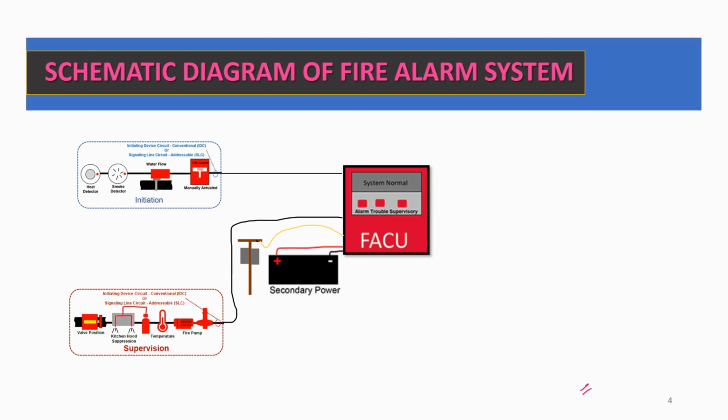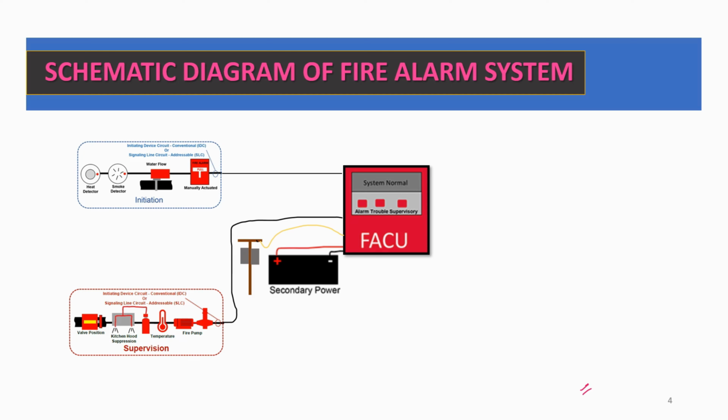And if you want to know the status of the fire pumps, then we need to install monitor modules in order to get the signal or give the indication to the fire alarm panel. And also, if we have a kitchen hood fire suppression system, we will use some modules. Those will also be connected to the fire alarm control panel.